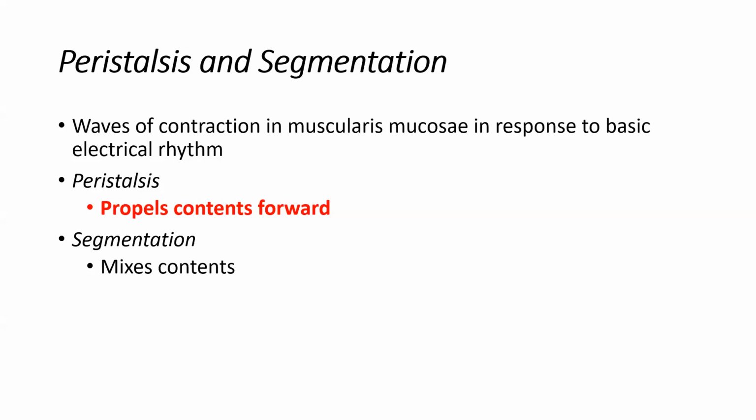That's what segmentation is alluding to. So when we squeeze that food down into this area, and then we squeeze this area, it's going to squeeze back up, and that's what actually creates this mixing effect of the contents of the GI. So peristalsis is propelling food forward, and segmentation is really creating that back and forth that mixes everything together.